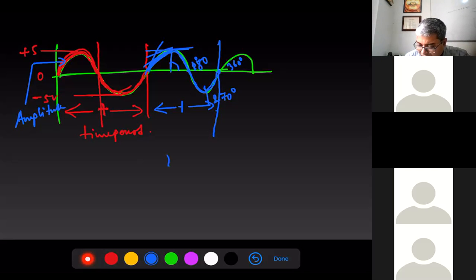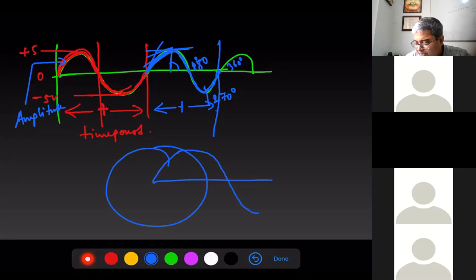From 0 degree, then 90 degree, then 180 degree, then 360 degree. So we can determine the features of a signal at any instant of time through its amplitude, and also through its phase angle.